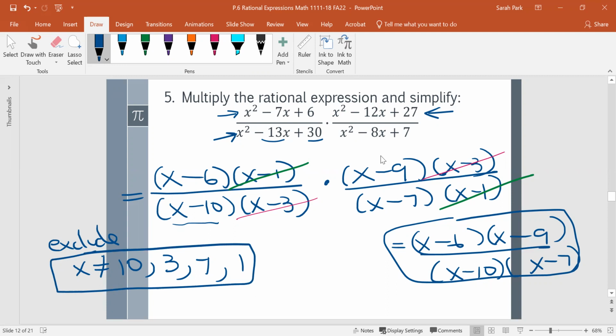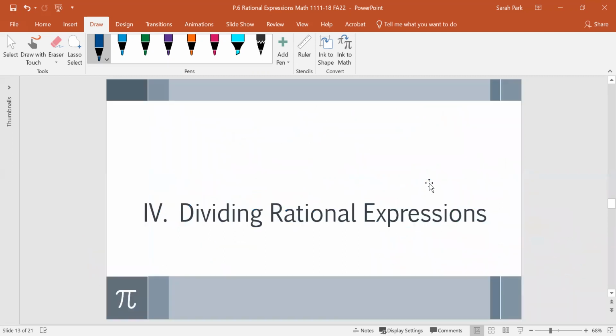All right, we multiplied the rational expressions, and now we're going to move on to dividing rational expressions. To go over dividing fractions again, if we had divided 2/3 by, I don't know, 4/5, how we do this is we multiply the first fraction by the reciprocal of the second.